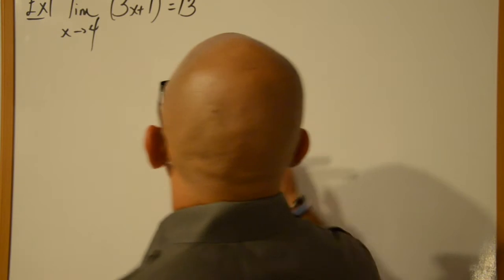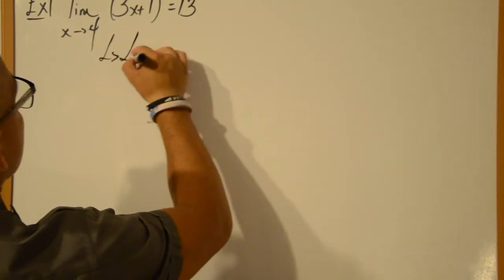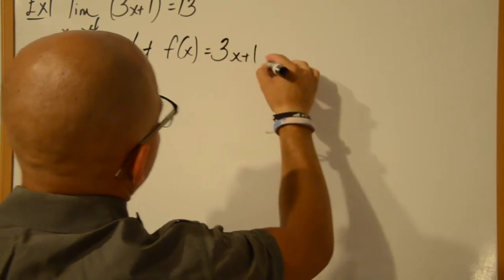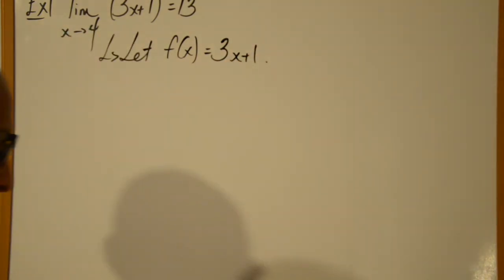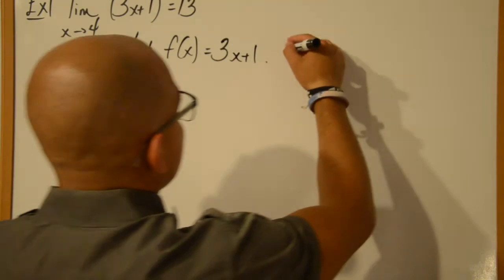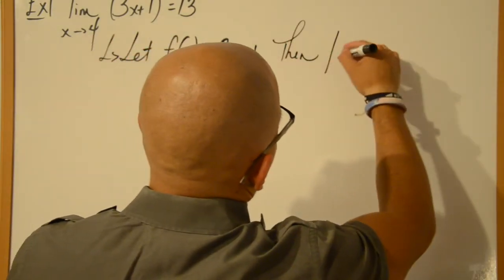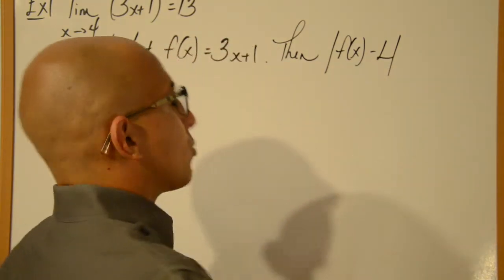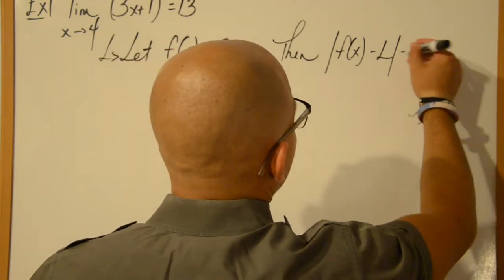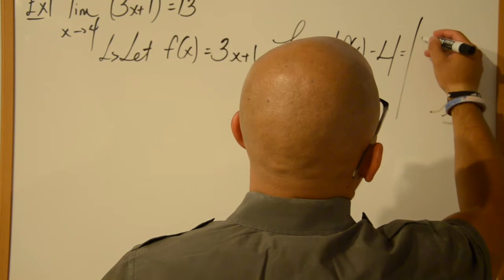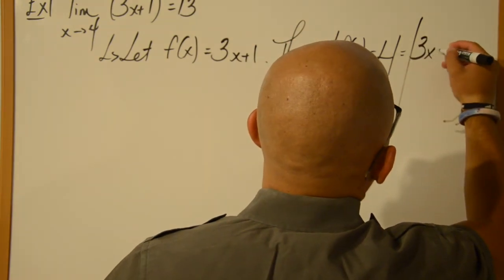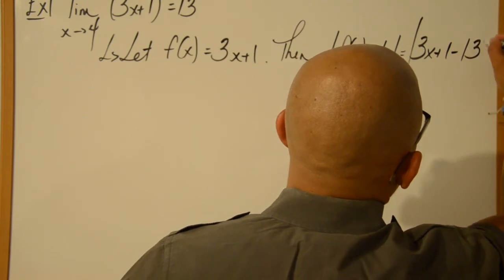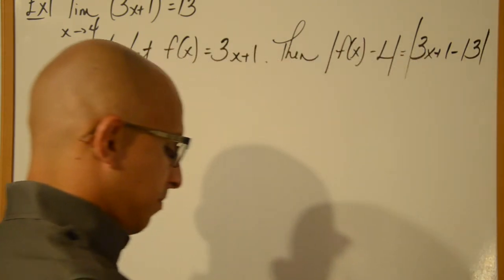So, let f of x be equal to 3x plus 1. Then according to the definition, we need the function minus the limit to get arbitrarily small. So, we take the function 3x plus 1 minus the limit value, which is 13.